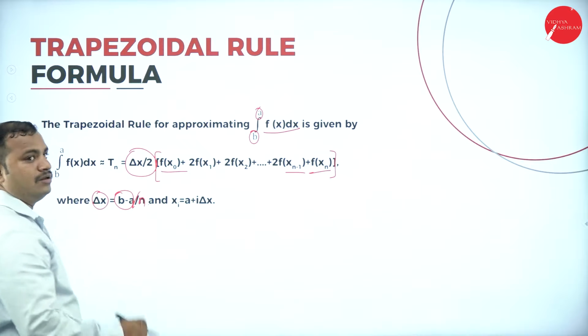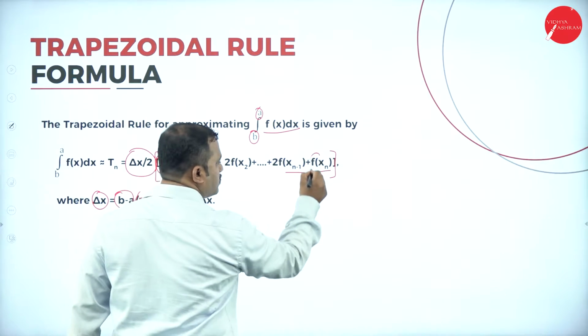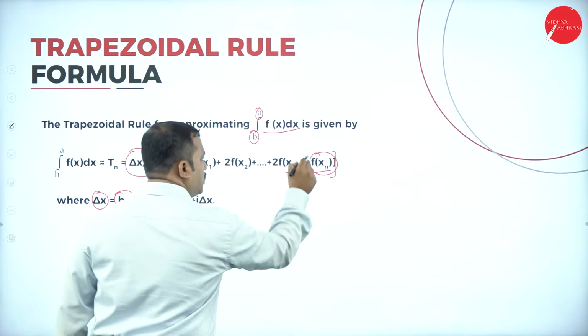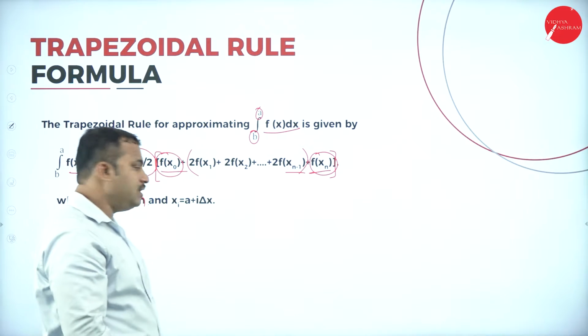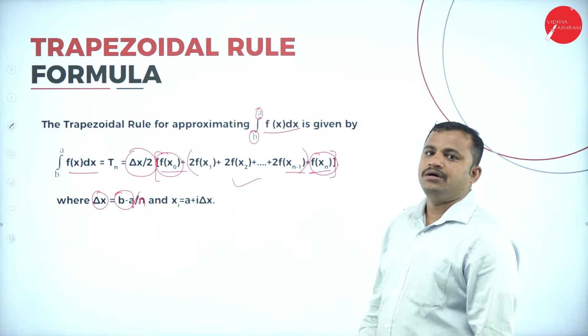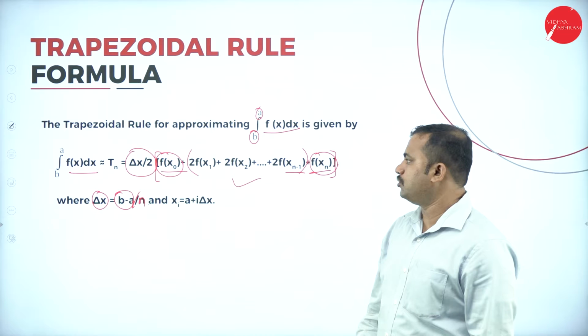Please note that f of x0 and f of xn are not multiplied by 2. Other than these two, everything else is multiplied by 2. So that gives the value of the integral of f of x dx. So this is the formula to solve the problem using the trapezoidal rule.